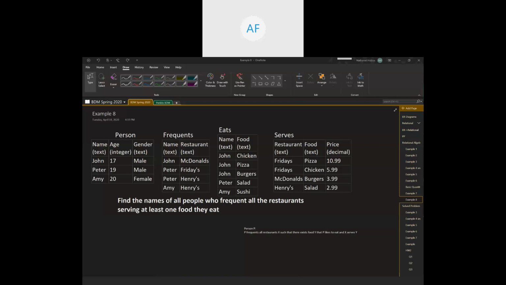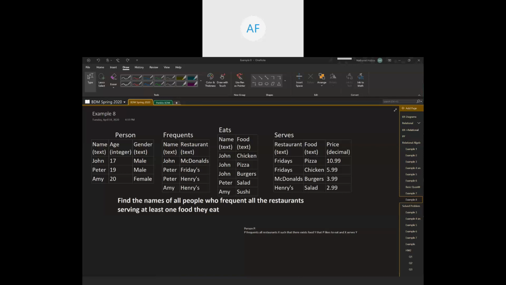So it says find the names of all people who frequent all the restaurants serving at least one food they eat. I know we have to do some subtractions eventually, but I'm just trying to see how I can approach a query like this in general.